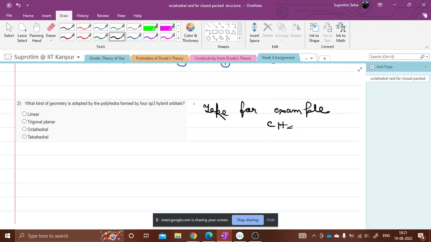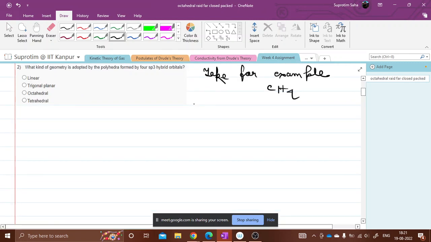So a carbon atom and four hydrogen atoms bonding, covalent bonding, with sp3 hybridized orbitals. Carbon is 1s2, 2s2, and 2p2. So for the second energy level, the energy diagram would be like this.